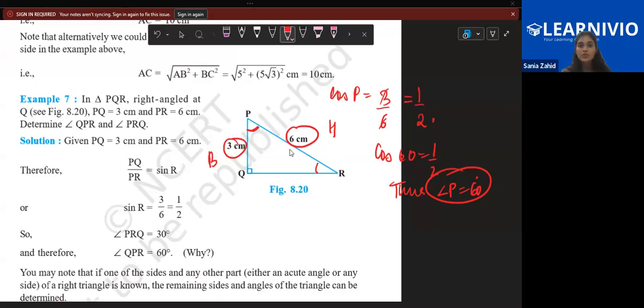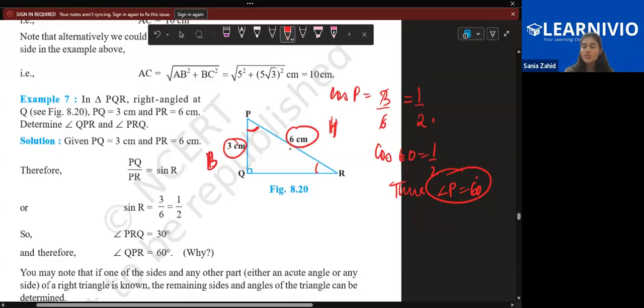Let's continue. So I was telling you that we have PQ and we have PR. PQ is 3 centimeter, PR is 6 centimeter. You have to find angle P and angle R. In angle P, you find the relationship. See, this is the hypotenuse, this is the base.